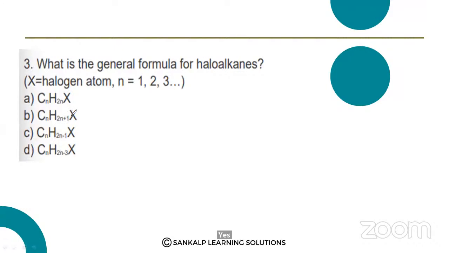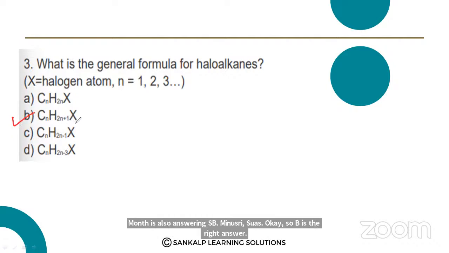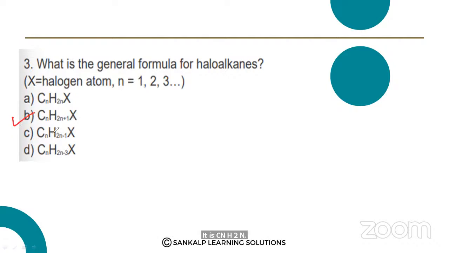Spruti has answered first, she's telling B. Pragati has answered B. Hemant is also answering B. Sita, Vinushri, Suhas. Okay, so B is the right answer. It is CnH2n+1X. This is the general formula for haloalkanes.